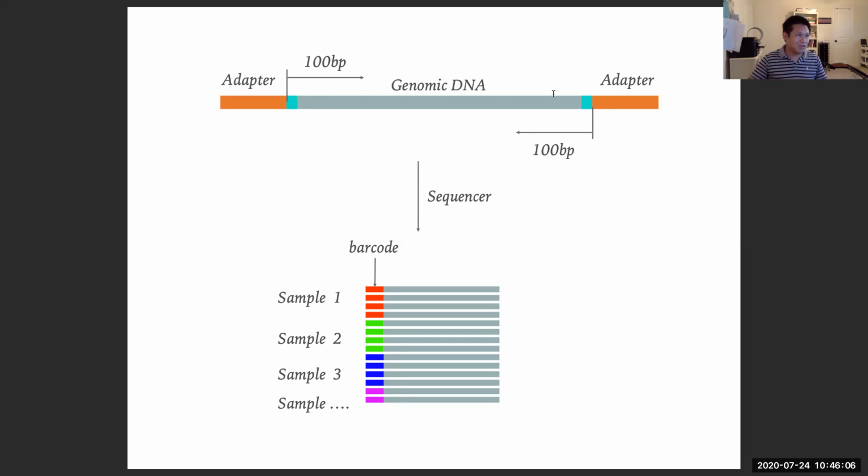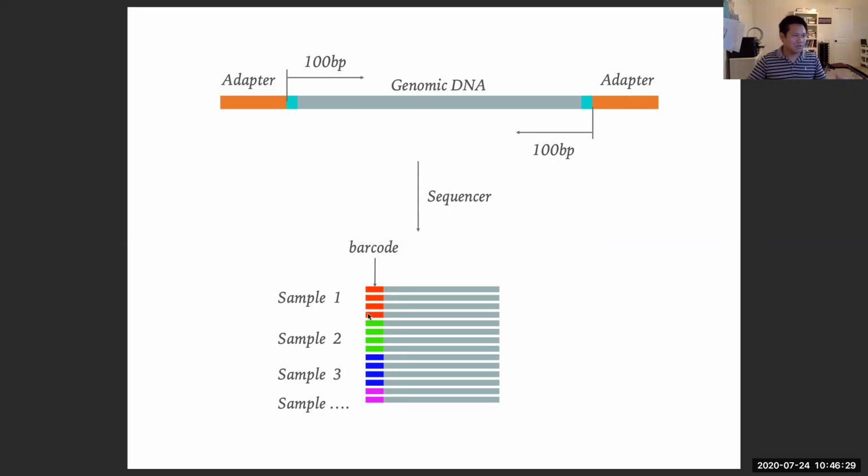Then you have the DNA that you're interested in, that you want sequenced, and it's possible there is another barcode and another adapter at the other end. When you get the data, the adapters will mostly be gone, because when the machine does demultiplexing, it removes the adapters.